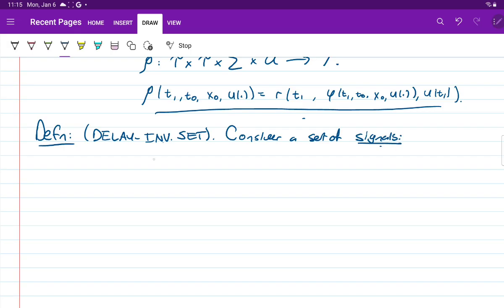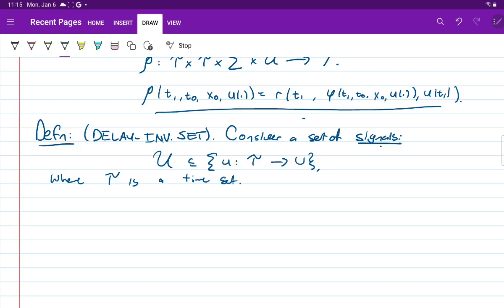This set I'll just call curly U. It's not necessarily the input space to any system. I'm just using curly U for the sake of convenience. So curly U is a subset of the set of all functions from time t into some fixed set U, where t is a time set.